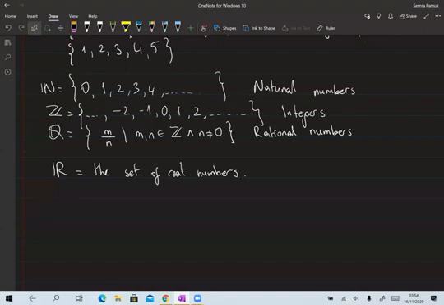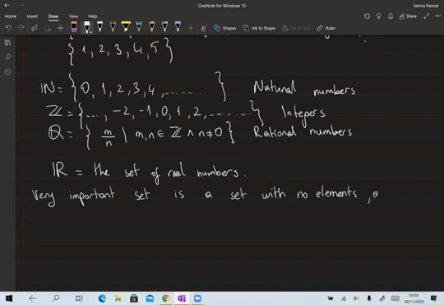So what else? In set theory, one very important set is a set with no elements, aka the empty set. The empty set doesn't contain any element. Why do we need such a thing?